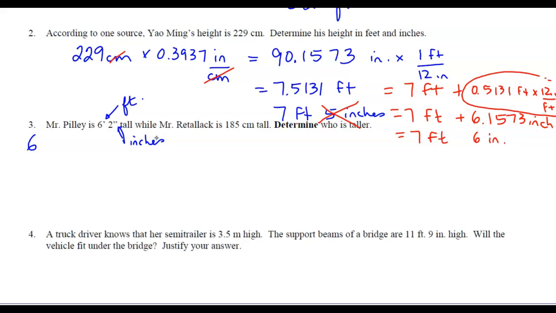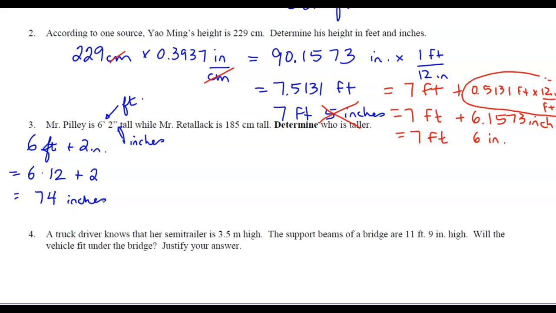If you see a 2 with quotations, it means 2 inches. Okay, so this is 6 feet plus 2 inches. So I'm going to convert that to all inches. Remember, there's 12 inches in a foot. So that's going to be 72 plus 2 is 74 inches. That's how tall Mr. Pilley is.